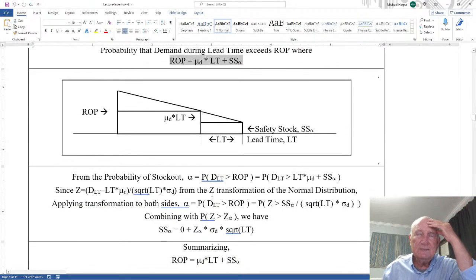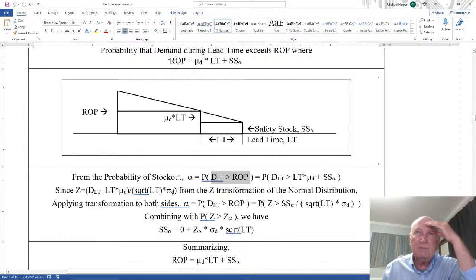So let's take that concept. From the probability of stockout, the probability is that the demand during lead time is greater than ROP. Because if during this lead time demand is more than ROP, we've run out of inventory. We do not have inventory to satisfy that demand. When you have unmet demand, that's the definition of stockout. So this describes stockout. I'll let you think about that. That's important.